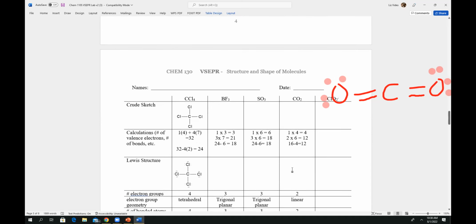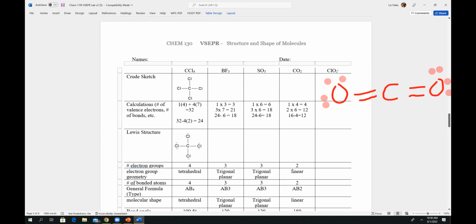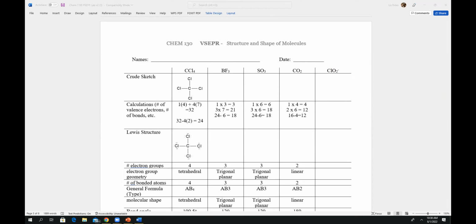All right, let's look at ClO2. Let's clear these and look at ClO2. So remember, there are two things to remember with this one. We have a charged atom, which means that we need to add one more electron to the total.